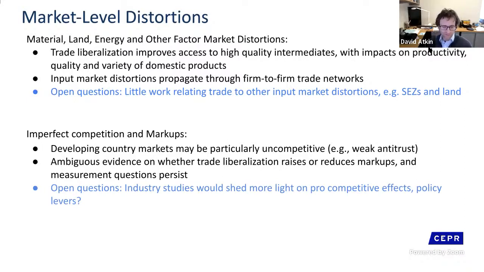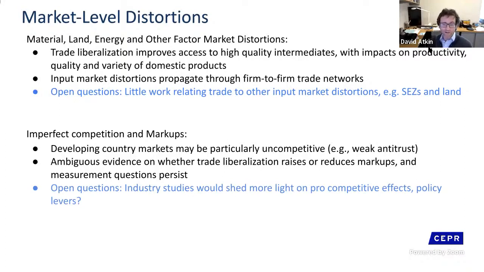There's been a recent set of papers that are starting to ask these questions, but again, our knowledge is extremely limited. Where we know a little bit more is about whether trade liberalization raises or reduces markups. And obviously, pro-competitive effects of trade are central to a lot of the literature that thinks about trade and imperfect competition.